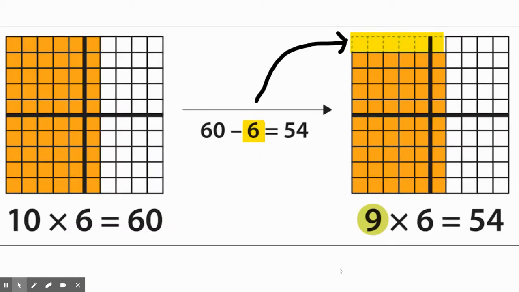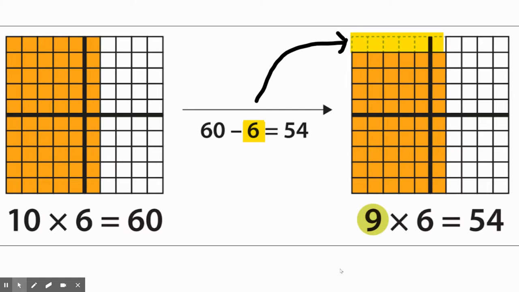Let's take a look at this model and it might begin to make even more sense to you. If we're trying to figure out 9 times 6, look on the left, and you're going to see first, we're going to figure out what 10 groups of 6 is. We're going to overshoot. 10 groups of 6 is 60.